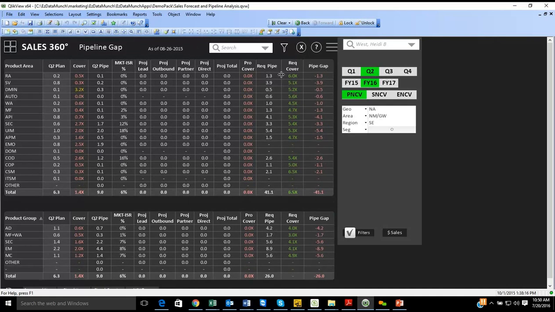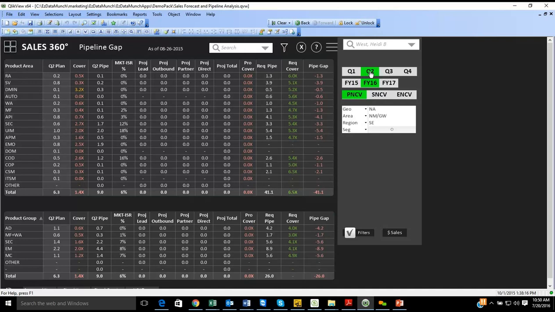As you can see, there's a gap of $1.3 million in the product area for RA and $3.9 million in the SV. That means this person needs to bring in more opportunities at the product level or the product group level, as you can see here, so that she can meet her numbers for Q2.